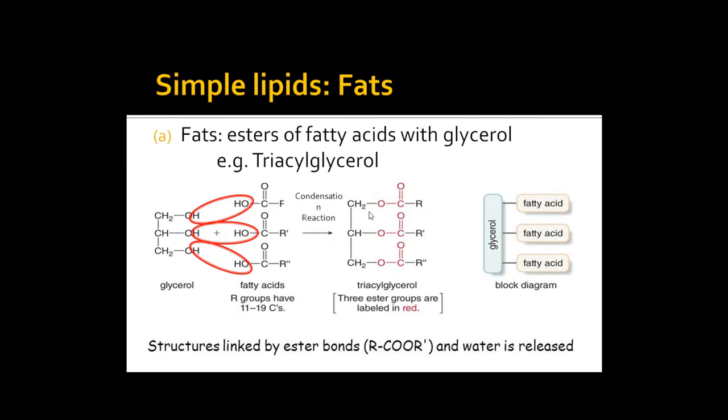Here occurs the condensation reaction and the product formed is called triacylglycerol. Glycerol attached with 3 molecules of fatty acids. And in this, 3 ester groups are formed, which are labeled in red. This is the block diagram of a simple lipid, that is fat: glycerol forming the backbone, and 3 fatty acids attached to glycerol via ester bonds.